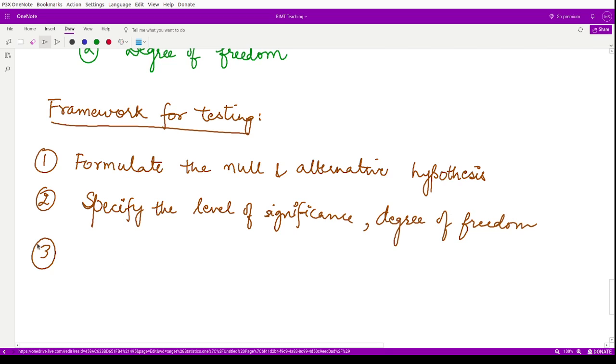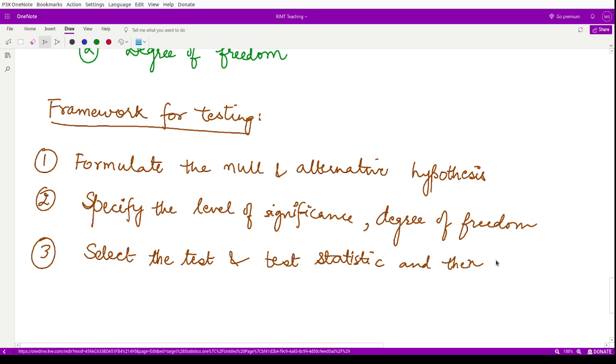Then we select which test to be applied. So we select the test and test statistic. So when you select the test, you already know what is the test statistic for that, and then you compute that test statistic, right?